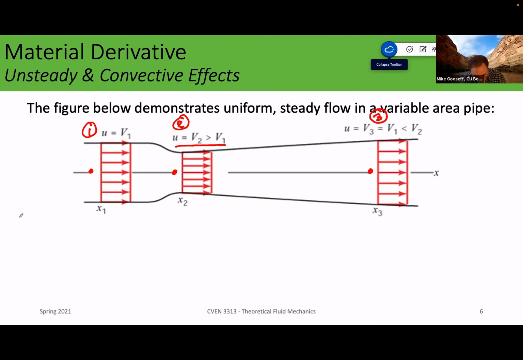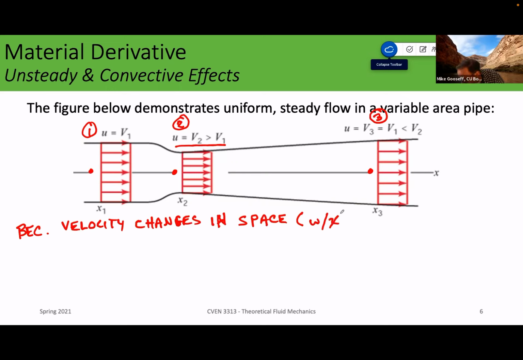Because the velocity changes in space, in other words, with the x direction, the convective derivative within the material derivative will apply.